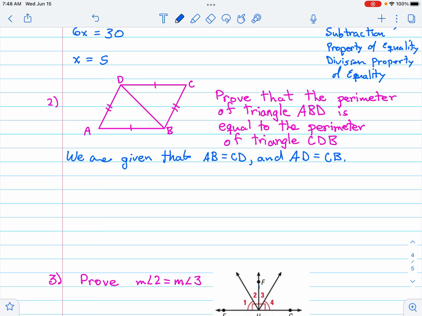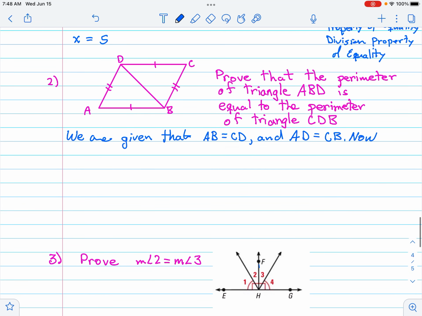And then you say, now, just be informal. Now, BD, or let's call it BD, is equal to BD. That's an obvious thing, right? A segment has the same length as itself.